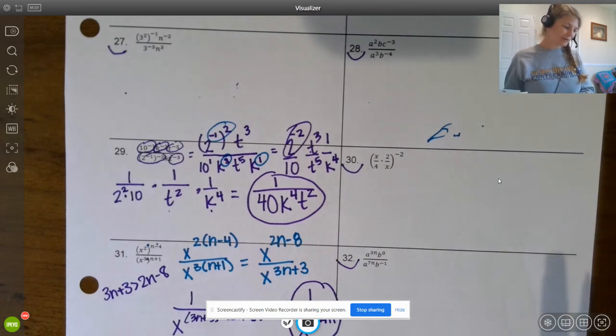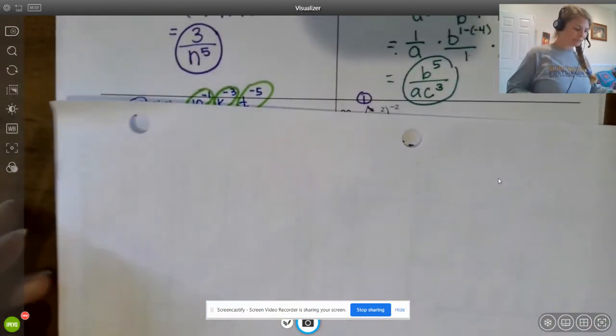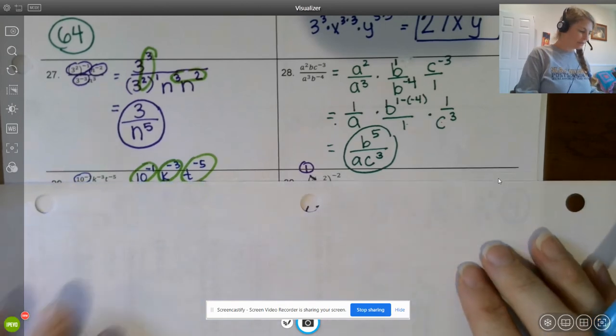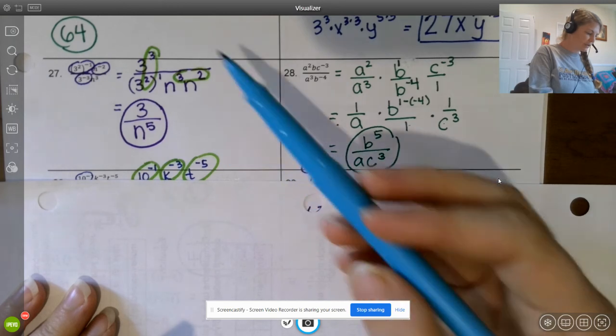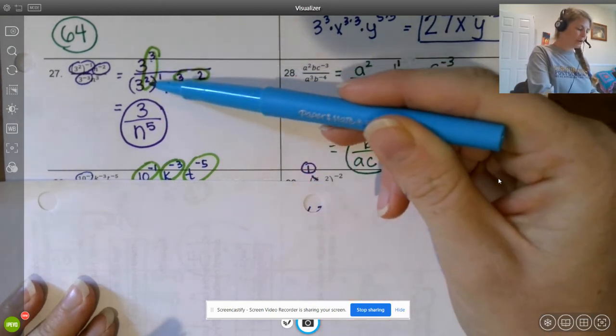We'll talk about 27, 28, 30, and 32. Okay. So 27 and 28. 27, I moved around just my negative exponents first. So I had all my positive exponents, and then I had a quotient of powers here.